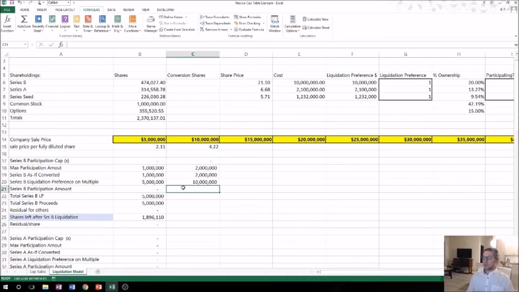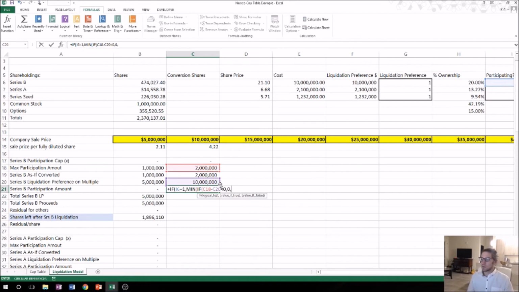So let's do that over here. We'll say if it's participating equals 1, then choose the minimum of this if statement of C18 minus C20. If that's less than 0, then 0.